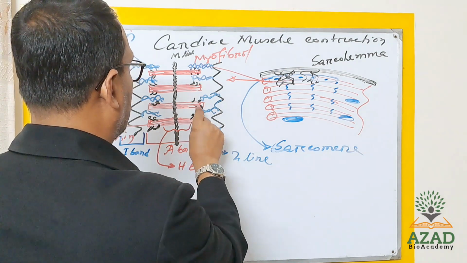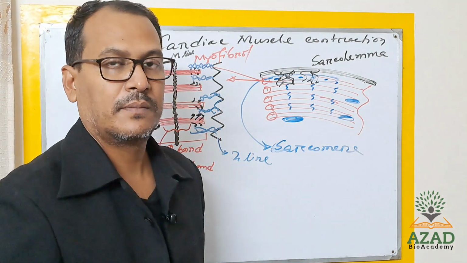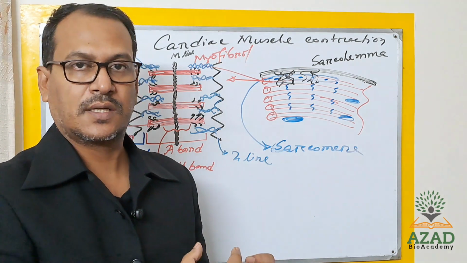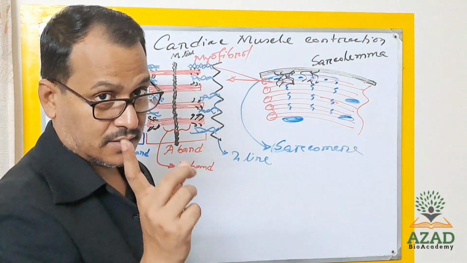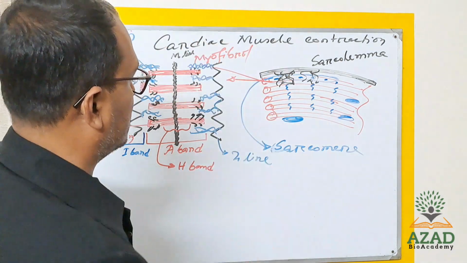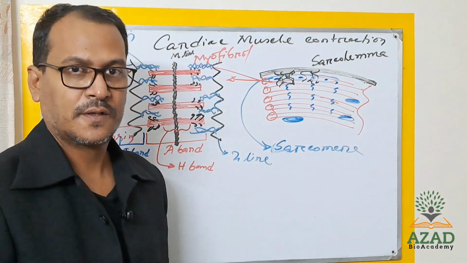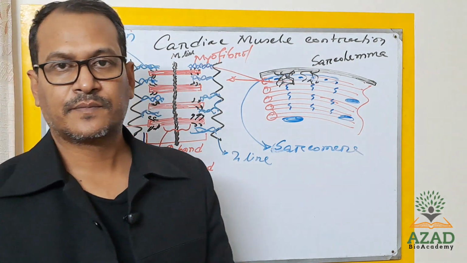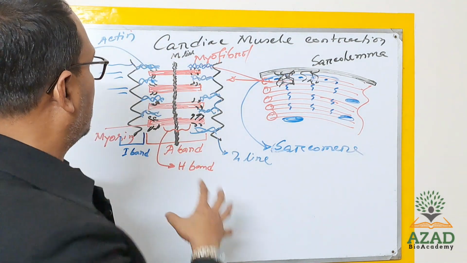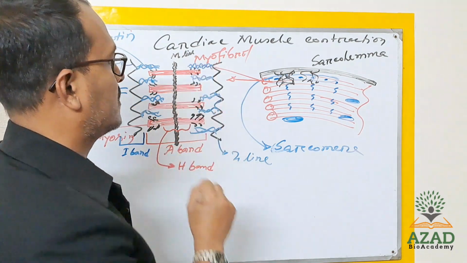That means actin and myosin should be combined to each other and make a complex. How will it occur? That is the question. For the contraction, what is necessary is action potential and their rearrangement.